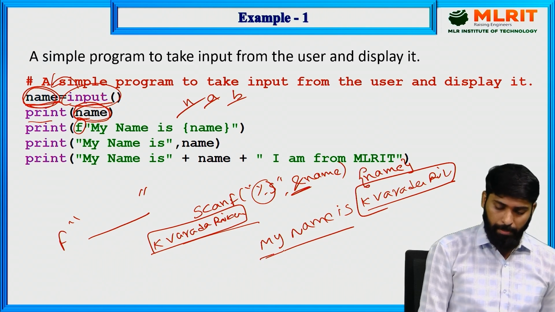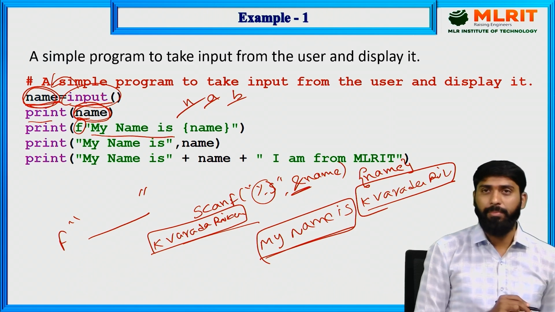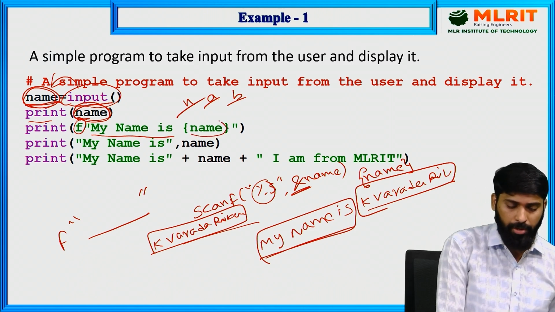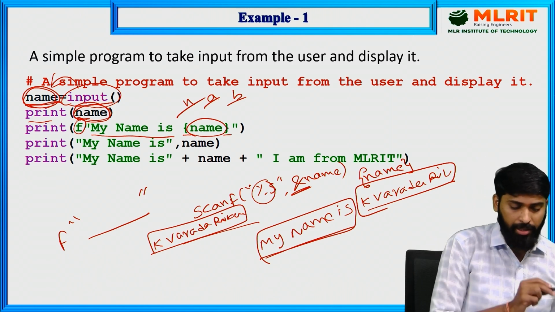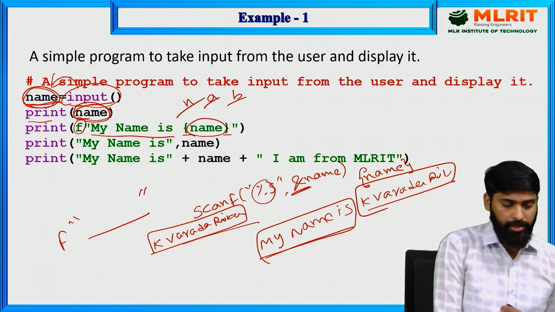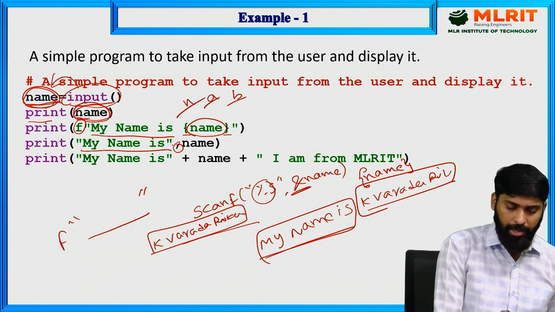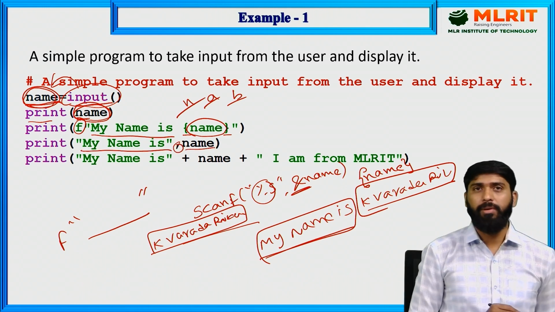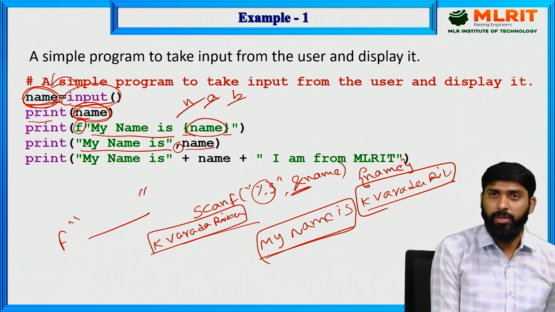My name is, and the name is stored in a variable name, so here you use flower brackets, open and close. That's it. Now another way of printing is double quotation, use my name is, use comma, and here you mention the variable name.